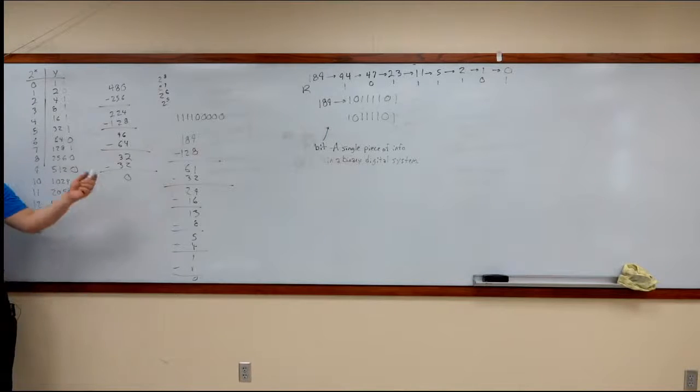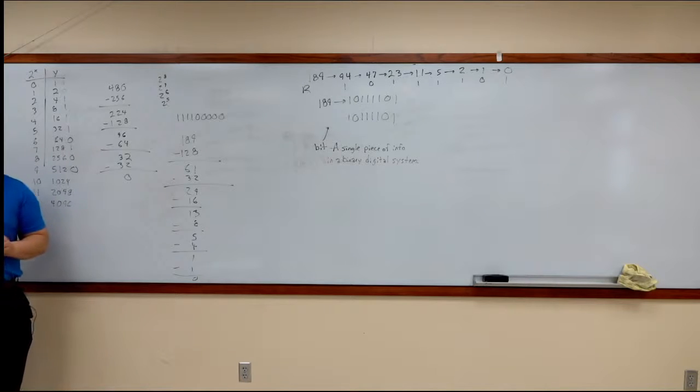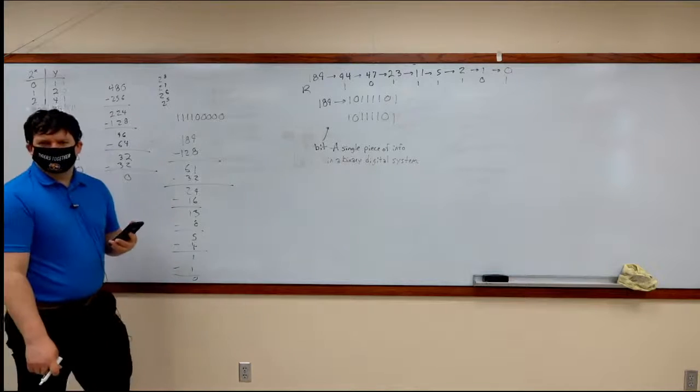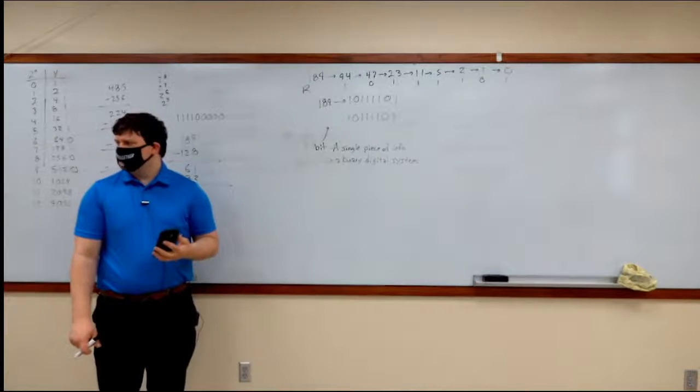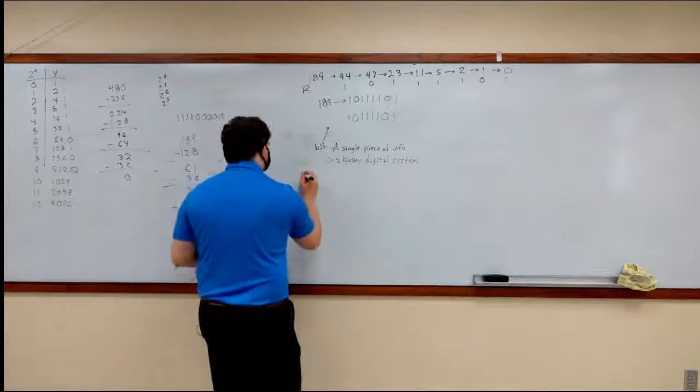If you imagined this as an ASCII keyboard, okay? How many digits are in an ASCII keyboard? Anybody know what I mean by ASCII keyboard? ASCII keyboard has the numbers.